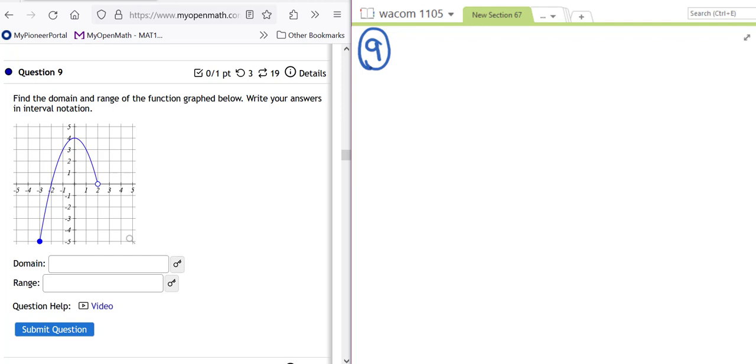Domain, remember, is how it acts going across. So you want to look at the leftmost part of that graph, and this one has points, so it stops. The leftmost point of this graph, and you want the X coordinates, is -3. You're touching it, so you're going to want a bracket.